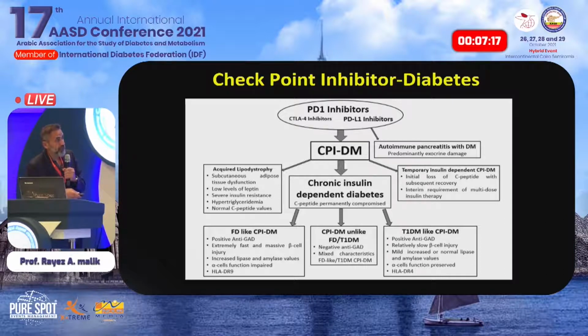You can have the usual type of type 1 diabetes, and then there is type 1 diabetes with positive anti-GAD antibodies. So there are multiple different forms of autoimmune destruction of beta cells.